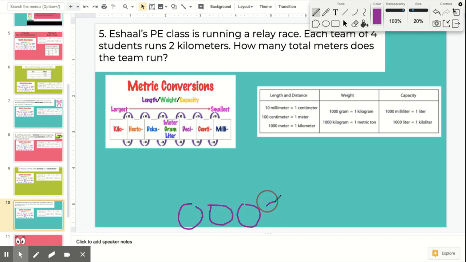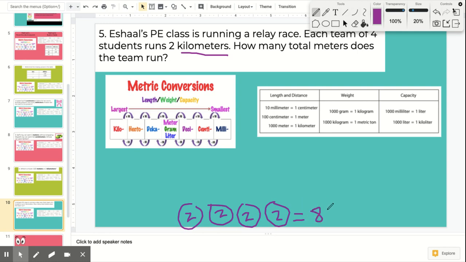So there are 4 people on a team. I'm just drawing this out to help you visualize it. So the first member runs 2 kilometers. So does the second person, so does the third person, so does the fourth person. So what I would have figured out first is how many total kilometers they ran all together. So 2, 4, 6, 8.